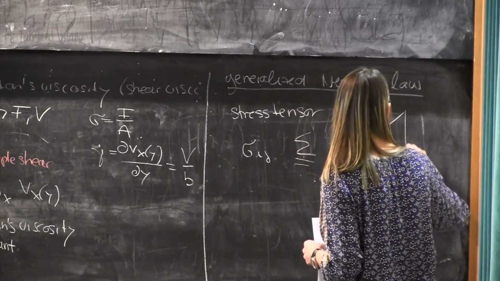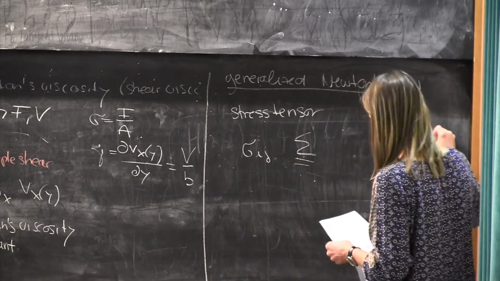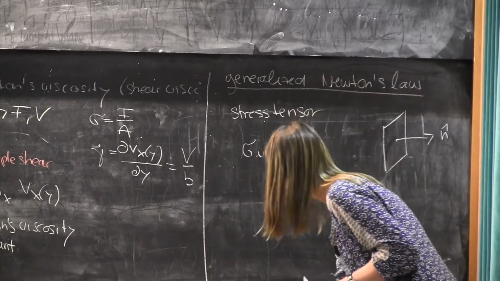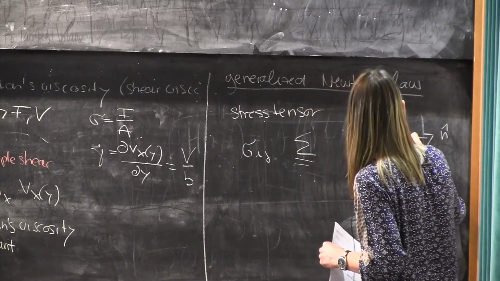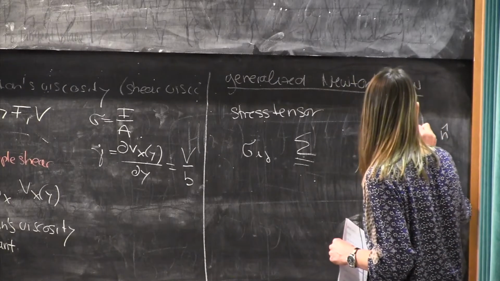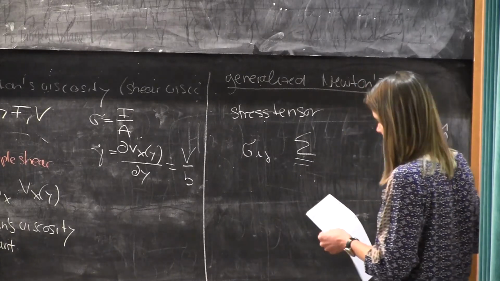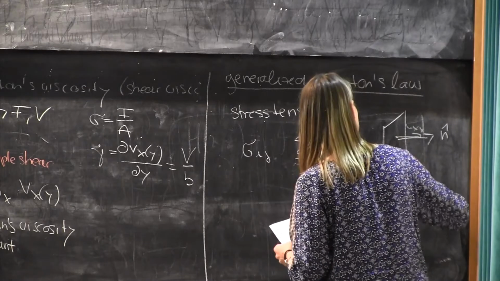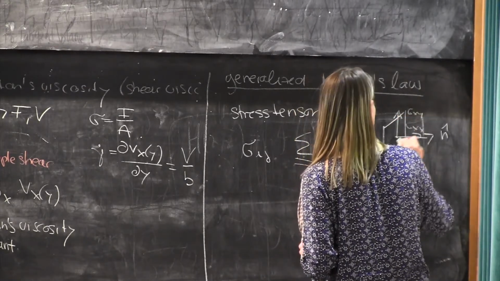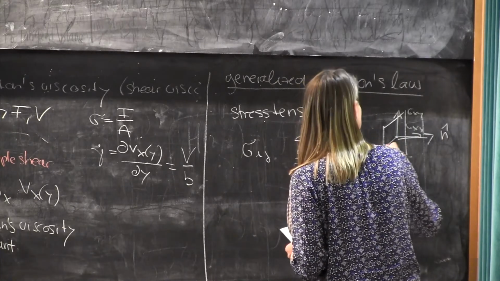If you think that you have a certain plane somewhere in your space, and it is oriented in a certain direction, I have different components of the stress tensor. I can have a component which is parallel to the normal, which is sigma xx, and then I have shear components, which I should maybe draw like this, sigma xy and sigma xz.